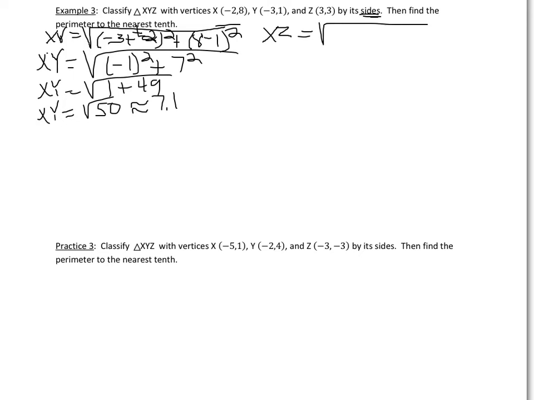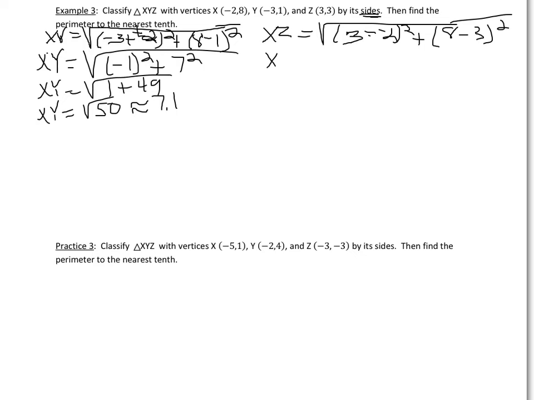I'm going to do the square root of, and now you have to look at your X point and your Z point. For my x's, it'd be 3 minus a negative 2, squared, plus, for your y's, 8 minus 3, squared.